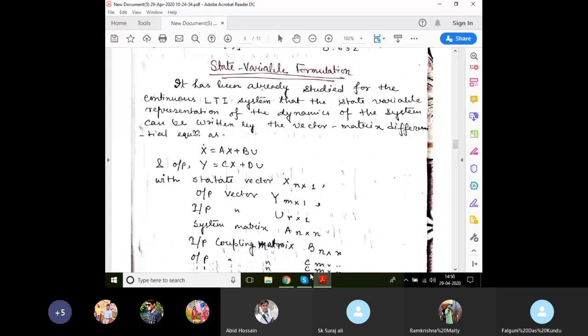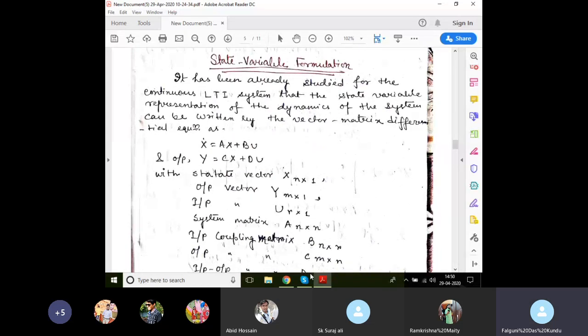Now we can find or obtain the sampled data system in the form of state variable. So the state variable formulations.